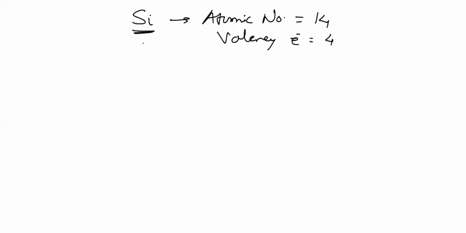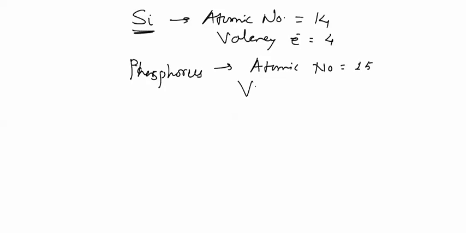Now in this silicon we will add a phosphorus atom. For phosphorus, its atomic number is equal to 15 and valence electrons are 5. This phosphorus atom with 5 valence electron will be added in a silicon with 4 valence electron.